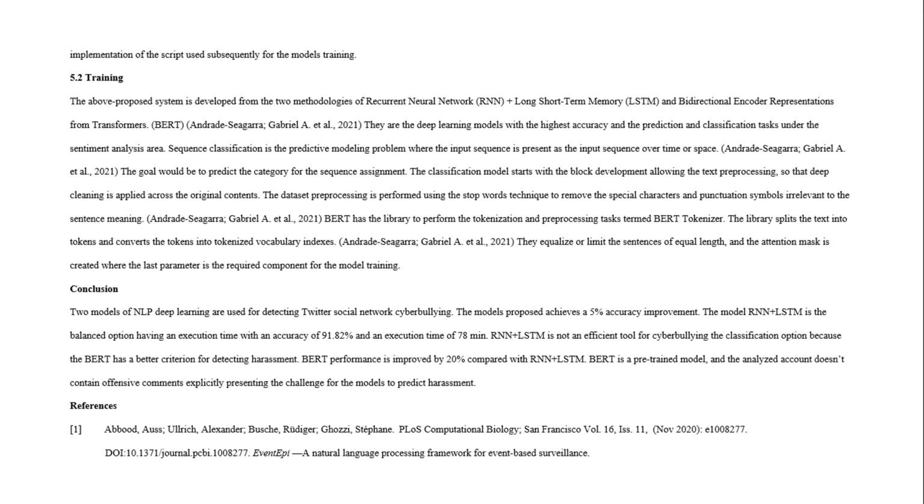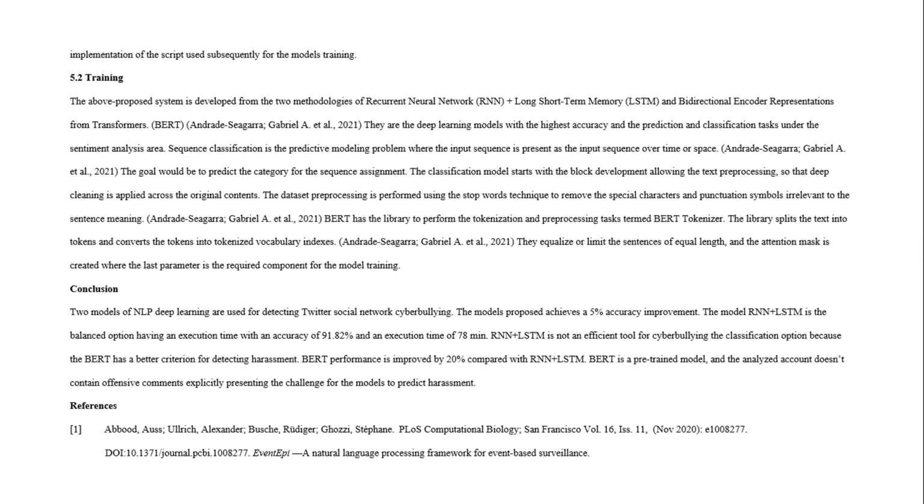BERT, that is, Bidirectional Encoder Representations from Transformers, plays the role of the tokenization and pre-processing task, which have the list of libraries for splitting the text into tokens, and then the tokens are in turn converted to vocabulary indexes.